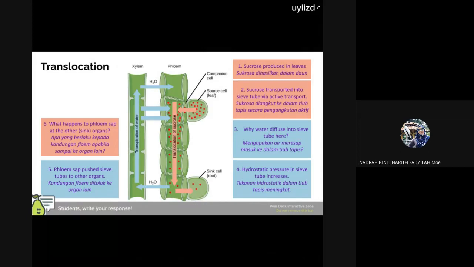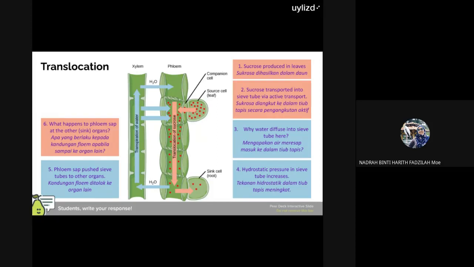Okay? Saya ulang sekali lagi. When the phloem sap arrives at the root, sucrose in the phloem sap will be transported into the root, into the growing shoot, into the fruit via active transport.